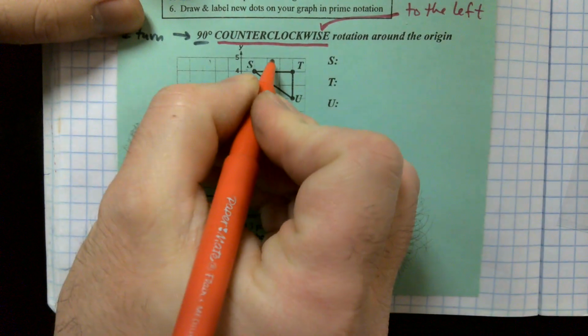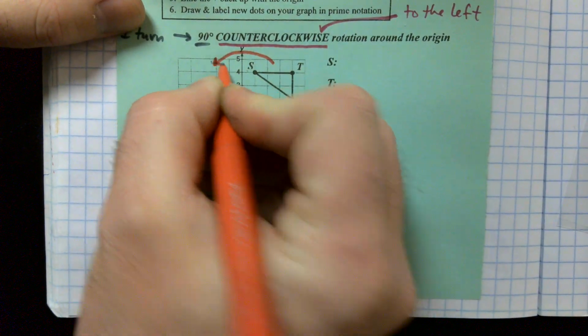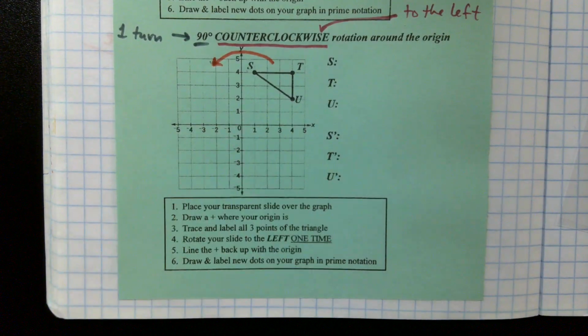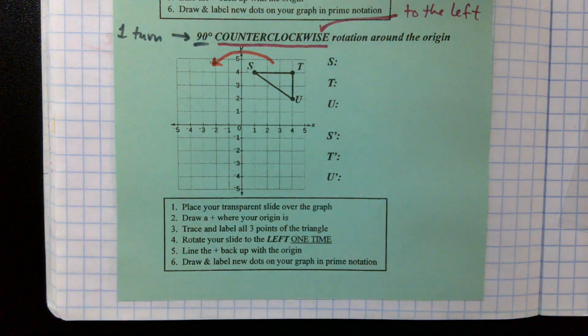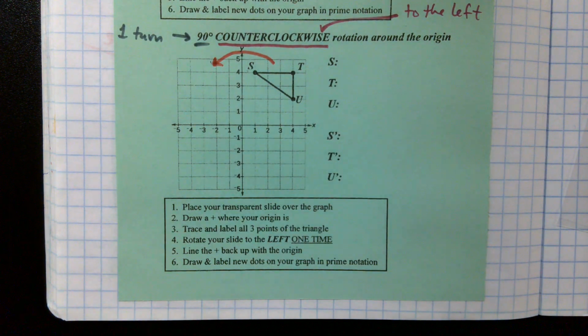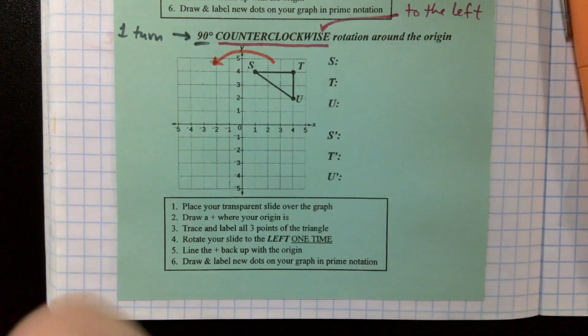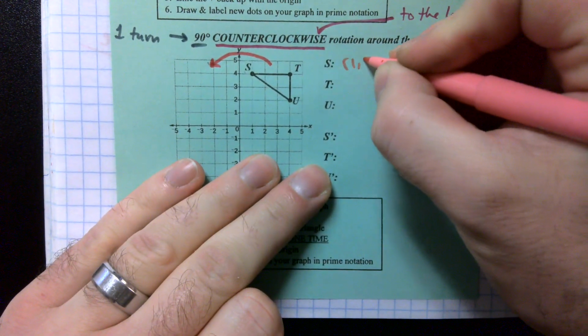So this time I'm going to turn this way. I'm going to take my shape, and again, this is the same triangle, just different letters. So my pre-image points are going to be the same. Point S is at 1,4.